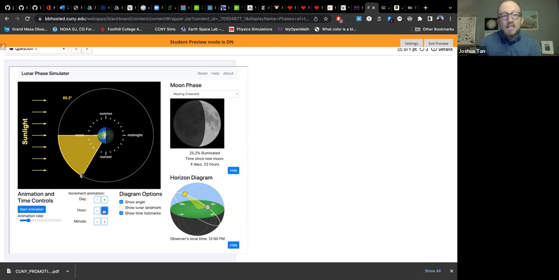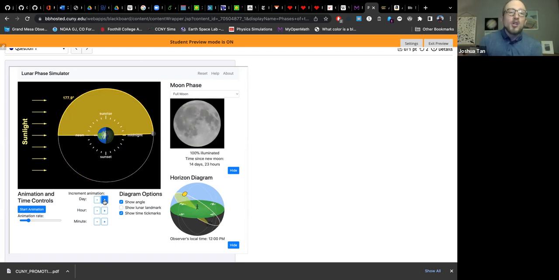And it's still 12 noon because I am exactly at that location on the Earth and I incremented in hours. I could also increment in days. If I increment in days, I won't see that spinning of myself around the planet because I'll come right back to the same location. But I can then easily track what's happening to the moon as it's moving around the Earth. So that's kind of a neat thing that you can do.